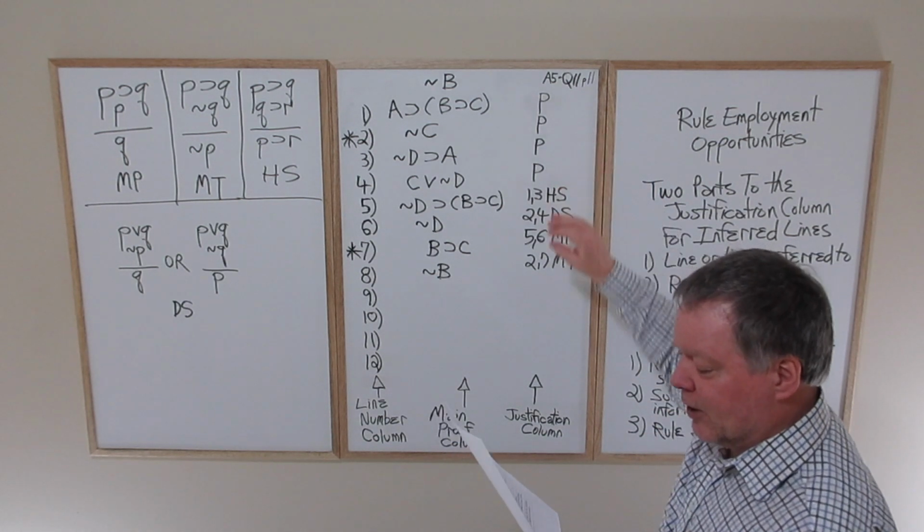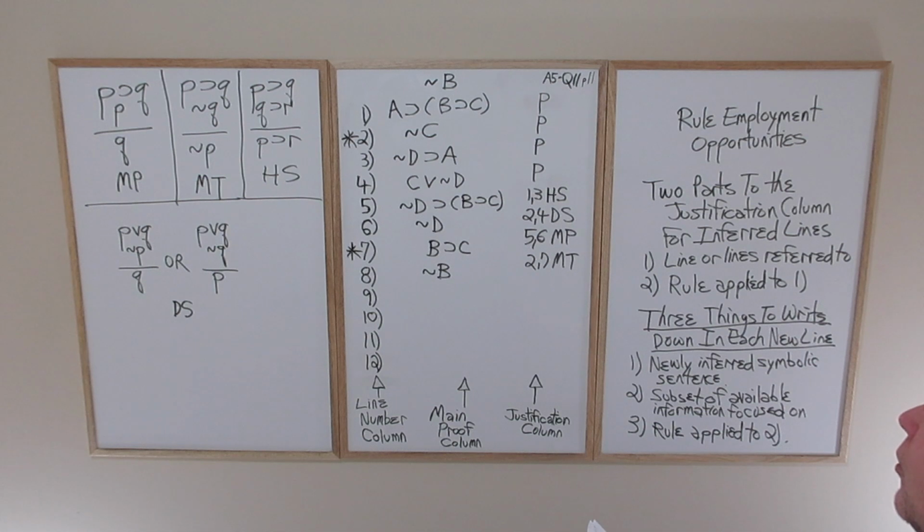In this particular argument, recall, lines 1 and 3 satisfy the rule employment requirements for hypothetical syllogism. Lines 2 and 4 satisfy the rule employment requirements for disjunctive syllogism. That's a little bit of an unusual situation where we've got not 1 but 2 rules we're entitled to employ.